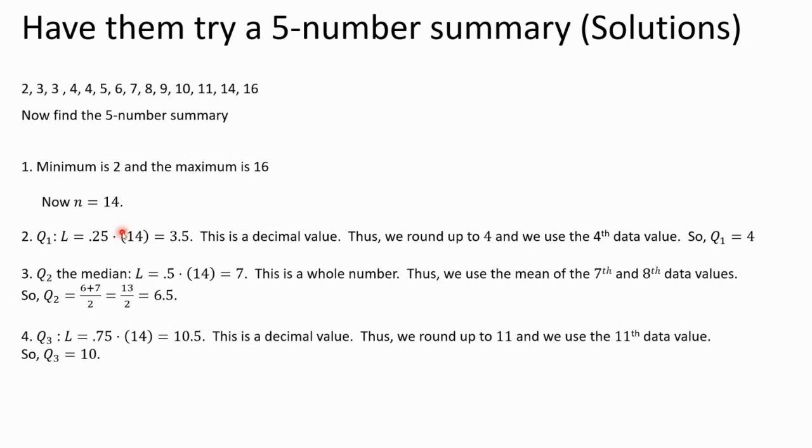This procedure I did go through last time. For the first quartile, you calculate the locator, which is 0.25 times 14, and that's equal to 3.5.